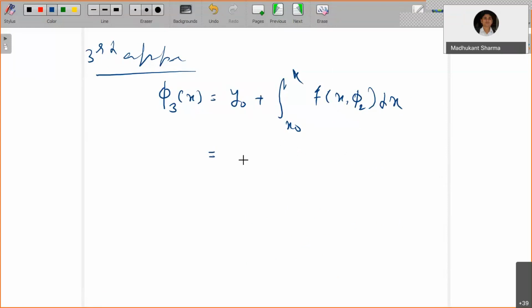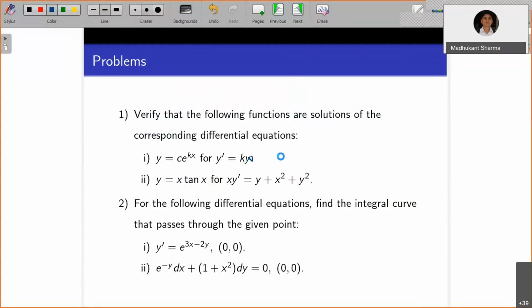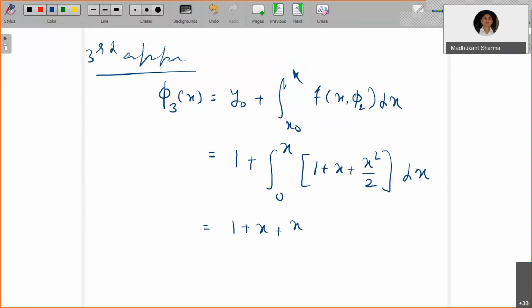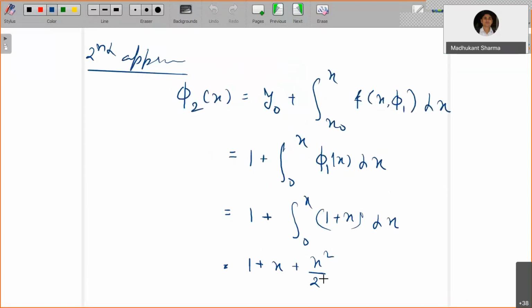So y naught is 1 plus integration x naught is 0 to x, p2 of x is 1 plus x square by 2 dx. So that will give you 1 plus x square by 2 plus x cube by 3 into 2. So that is 3 factorial. I can write 2 factorial here, and that I can write 1 factorial. Previously it was 2, here I can replace 2 by 2 factorial, and that is 1 factorial.